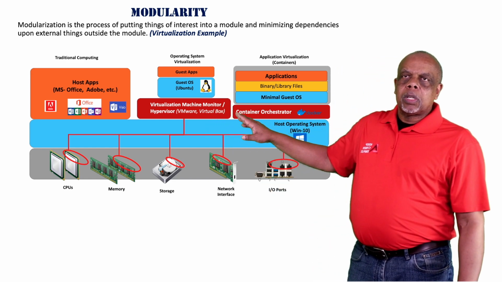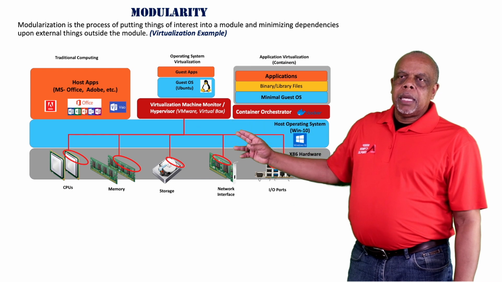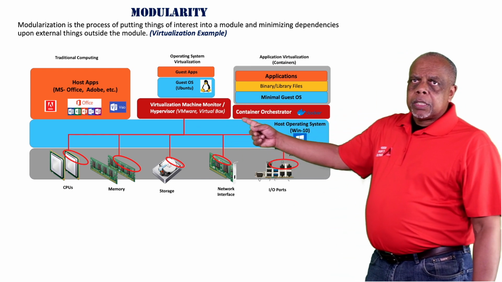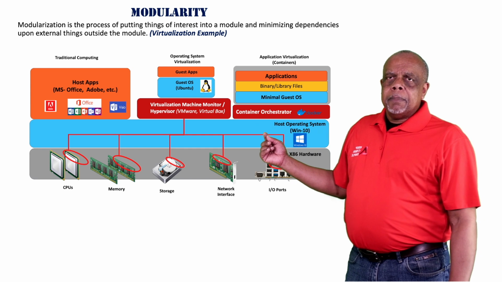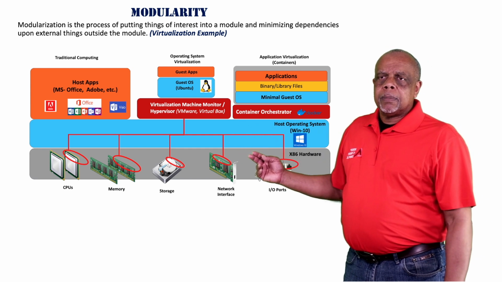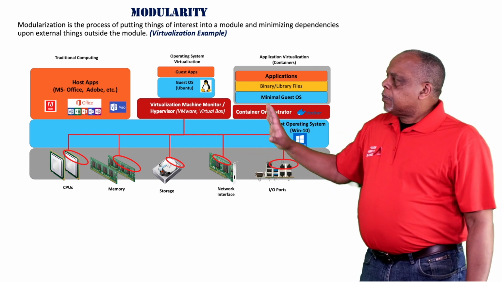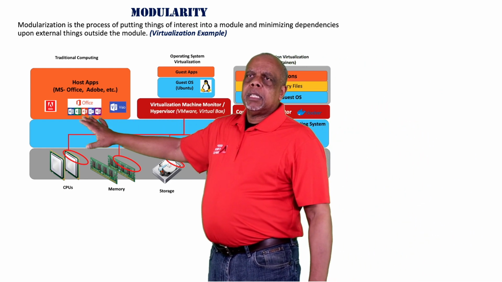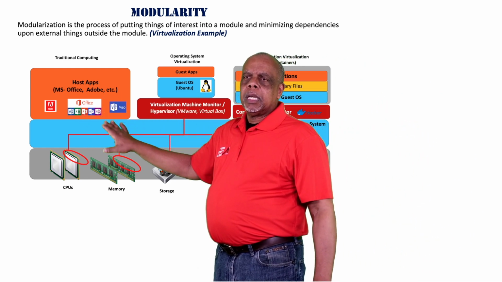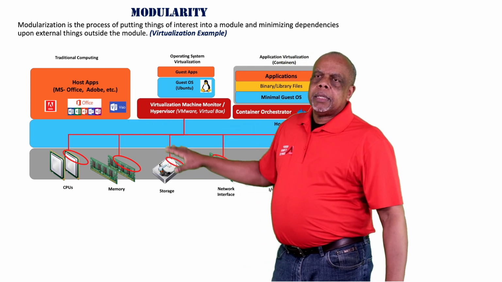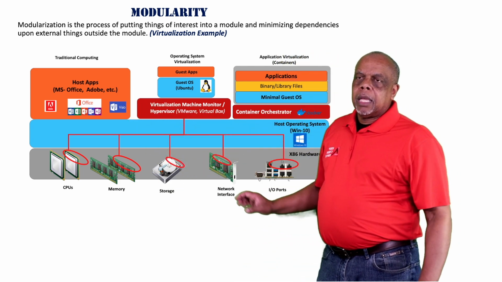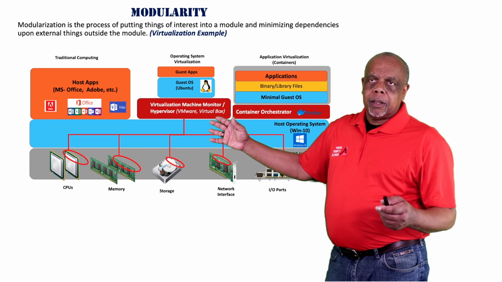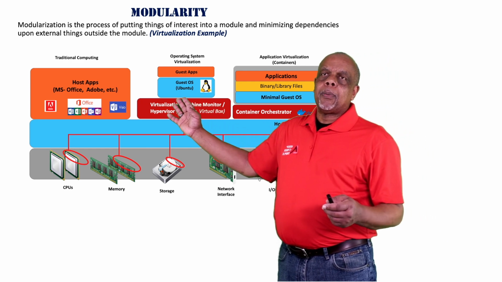And you know what the orchestrator does? It presents to this container the minimal things needed for it to run. Okay? So now not only can I do legacy or traditional computing where everything is tightly coupled, now I can do an abstraction with a hypervisor and have other operating systems.